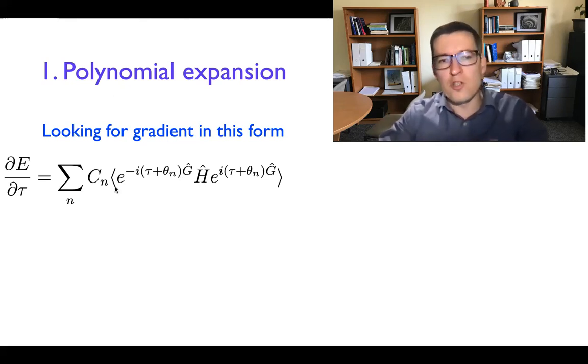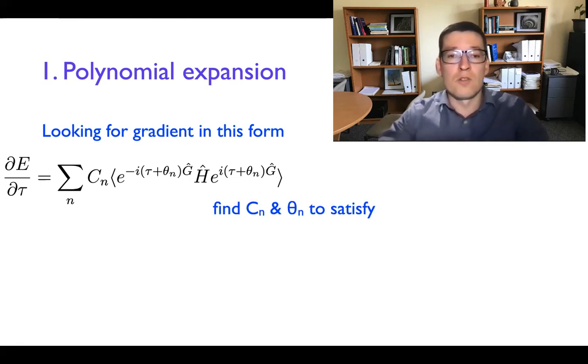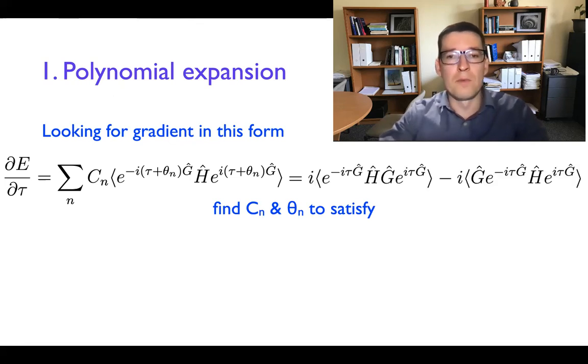Now, a natural question is how do we find the theta_n's and C_n's? So we find these parameters of our scheme so that this linear combination satisfies the condition that, well, we know about this gradient, that it needs to have only linear terms in G from the left side of the Hamiltonian and the right side of the Hamiltonian.